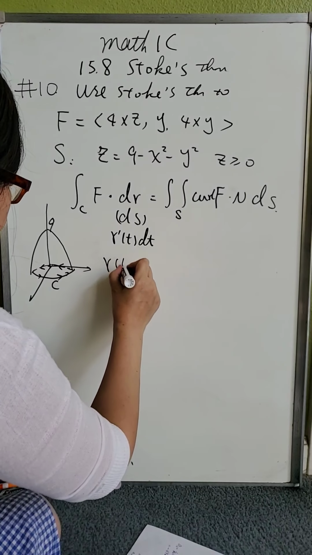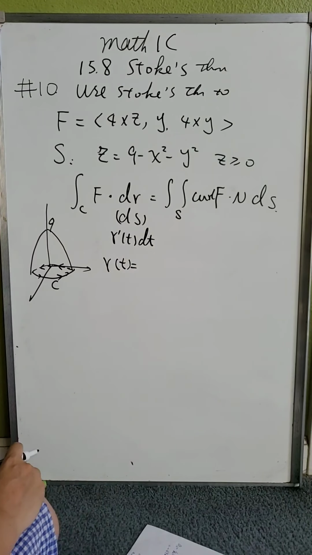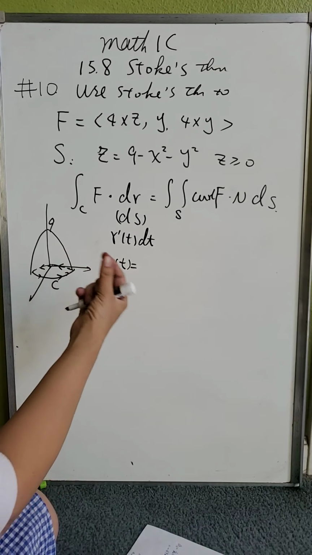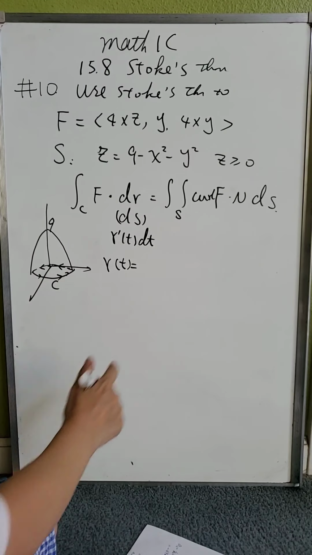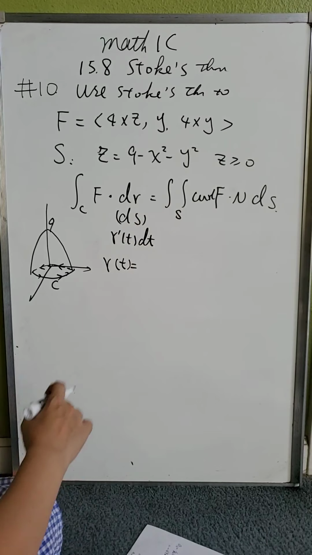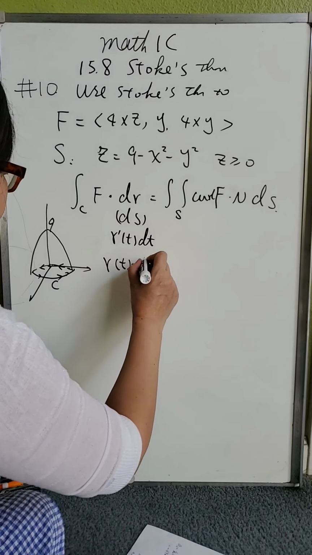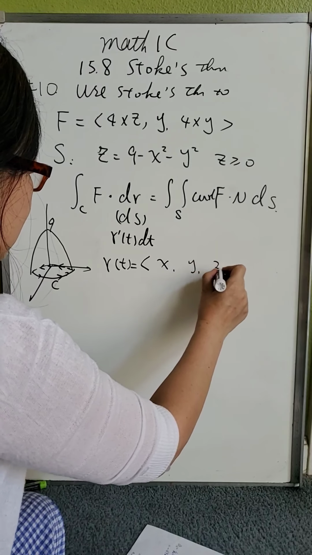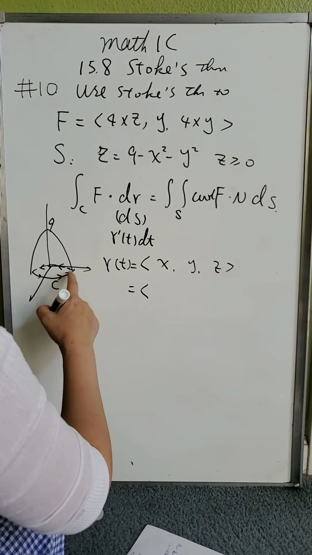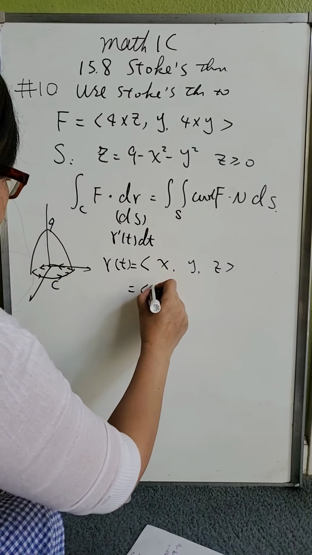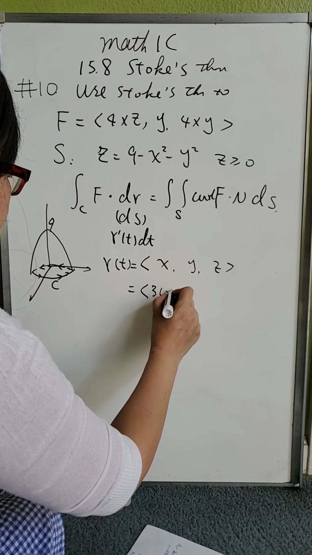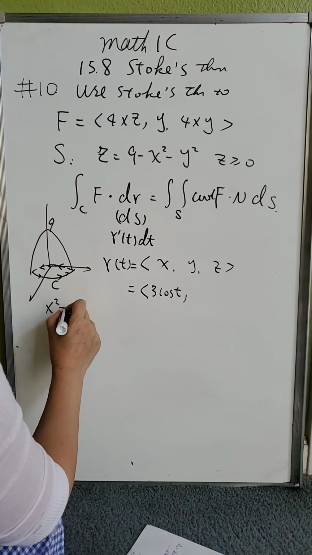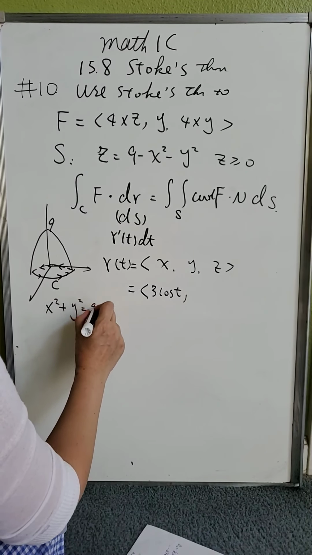So r(t), well, when you're not using this side, you don't need to worry about the normal, so you don't have the problem about the negativity, those things. So this will be x, y, z, and your x equal to 3 cosine t, because for the boundary, x squared plus y squared equal to 9.